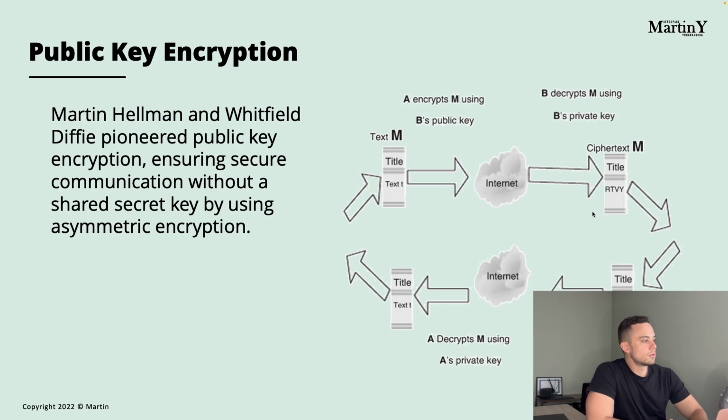After that, if B wants to communicate with A, B will encrypt the message with A's public key, because it's public and B knows it, and then send it to A, and A will decrypt that message with A's private key. So this is the idea.